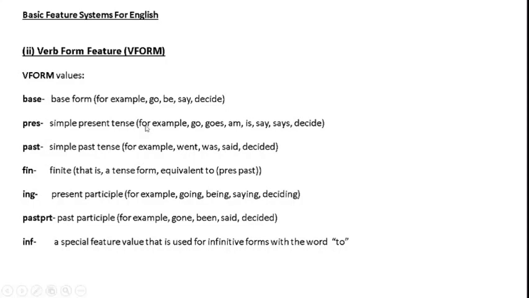Then it has the past tense, then the finite form, then ing, that is the present participle form. Then it has the past participle form, and the infinitive form. You know the infinitive form, right? It means that the verb will be prefixed with "to." So these are the 7 values the V form feature can take.